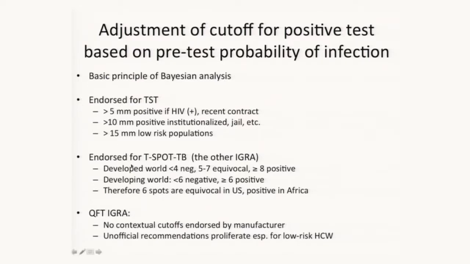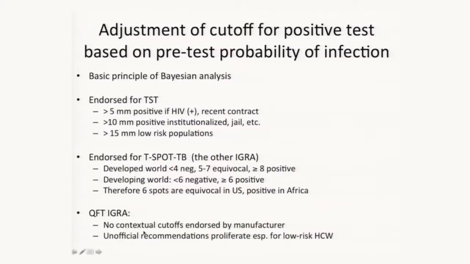And the T-SPOT people also have a couple of things. They have a gray zone, so they have a negative, an equivocal, and a positive. But they also have different interpretive criteria in the developed world and the developing world, which basically is high pre-test probability or low pre-test probability. So the other guys actually do apply these Bayesian principles in their interpretive criteria, but IGRA, the QFT test, has no contextual cutoffs.